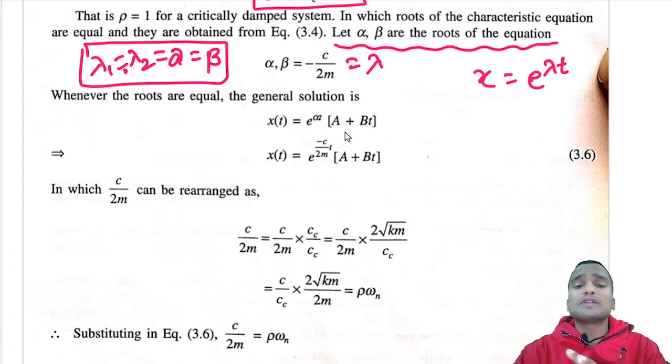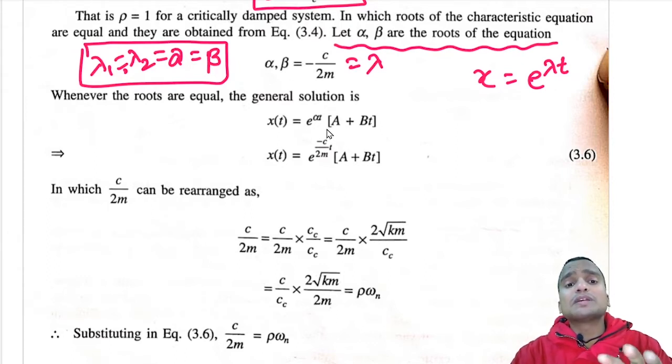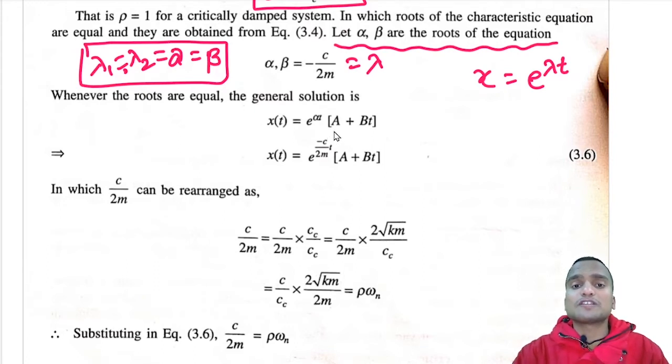Now this is simply a sum of two terms, and a and b are simple constants. It is a linear term in the variable of time, multiplied with e to the power alpha t, so that we can derive a general solution. Nothing much will vary here by multiplying a plus bt. It is observed that this is the solution in case of a critically damped system.